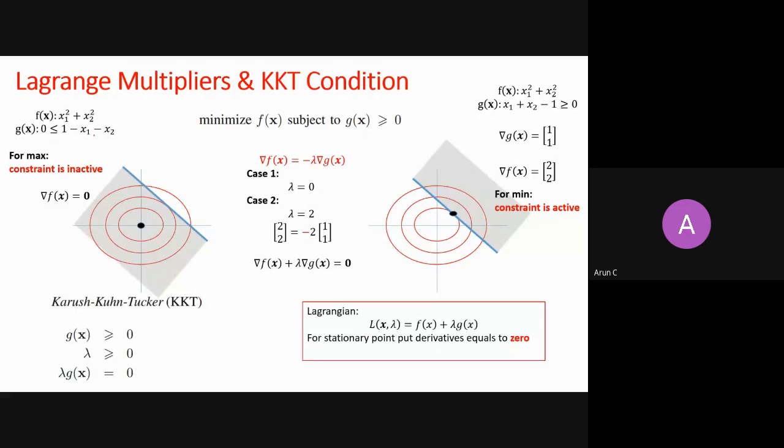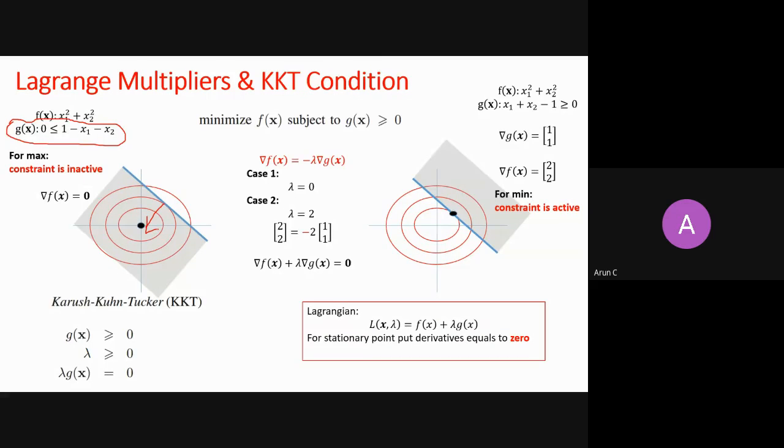So I said that the g(x) we have used here is this way, right? So it is always greater than 0, and when you look at the active region, it is here.